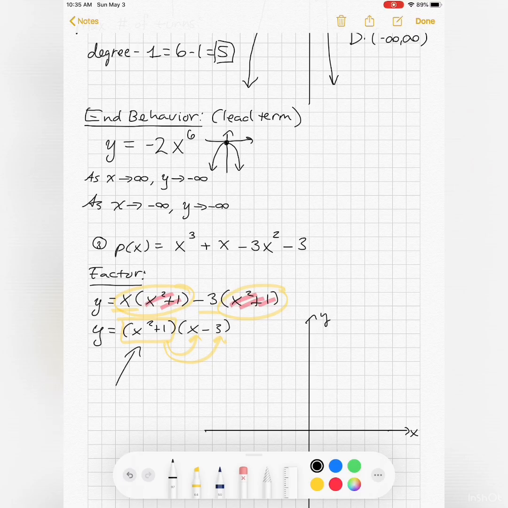Now actually look, this guy's a sum of squares. When I have a sum of squares, that's prime. It does not factor. If I had a difference of squares, that's the one that factors nicely, the one with the subtraction. But with the sum, that's actually prime. So I'm done factoring.